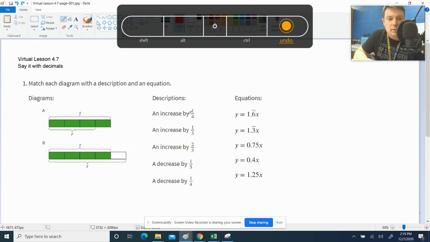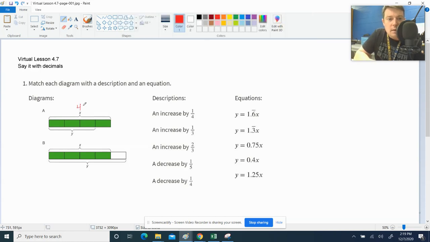If x's length was 40, then every one of these quarters would be equal to 10: 10, 10, 10, and 10. We have taken one of those 10s away, and 10 out of 40 is a quarter. So for this particular diagram, we have decreased by 1/4.